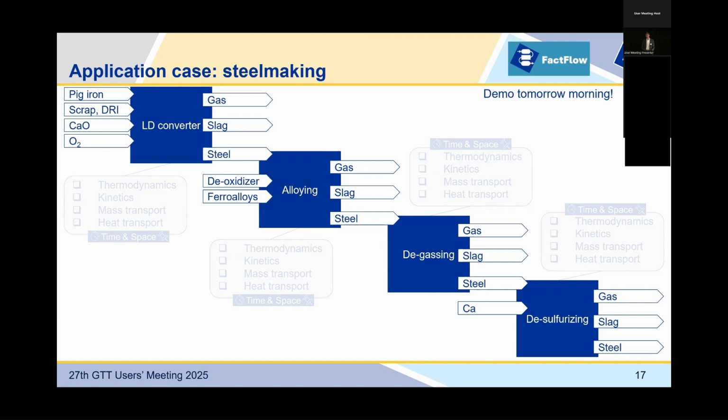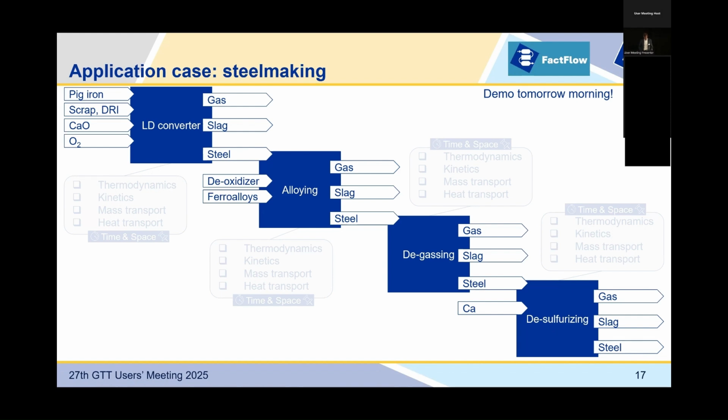And the idea of FactFlow is that if you are rather confident that you can abstract away most of the kinetic parts, and you just want to have a global flow sheet, then FactFlow will be the right tool to do that. So you only manage essentially the flow of materials from one processing step to the other, while always assuming an equilibrium.